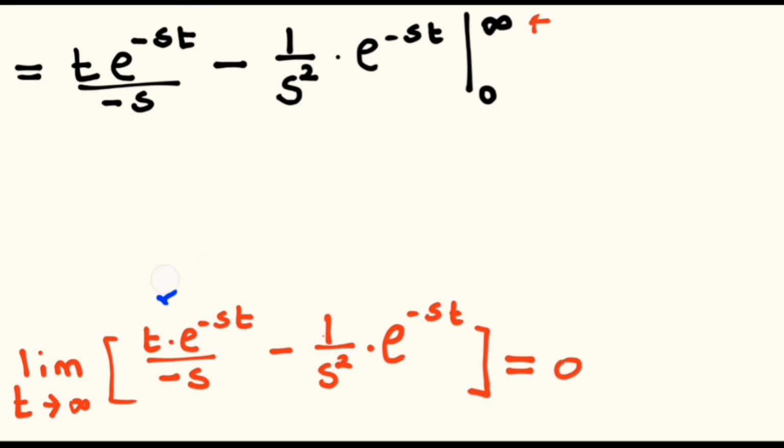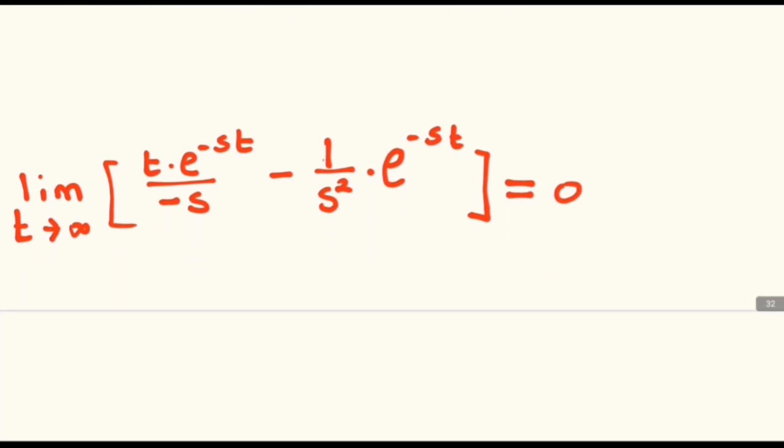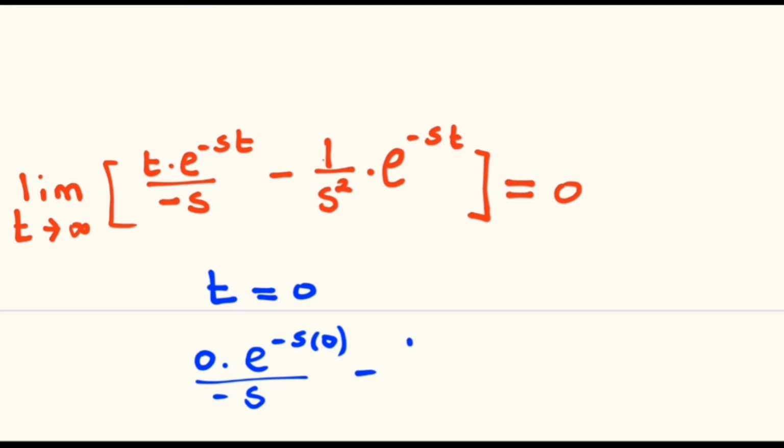Let's now evaluate our limit when t is equal to 0. So we go right ahead and substitute t for 0. So we'll have 0 multiplied by e raised to the power negative s times 0 divided by the negative s, minus 1 divided by s squared multiplied by e raised to the power negative s multiplied by 0.